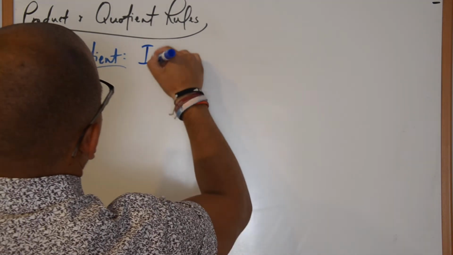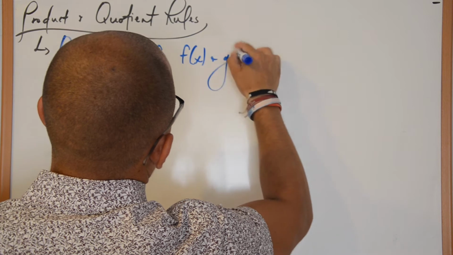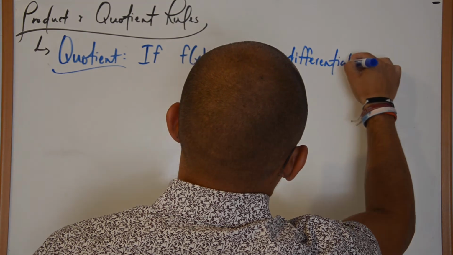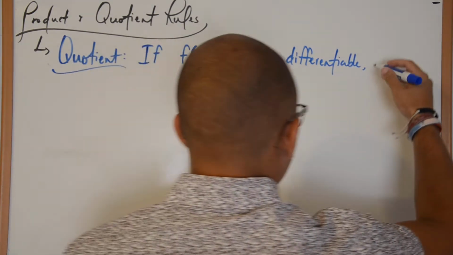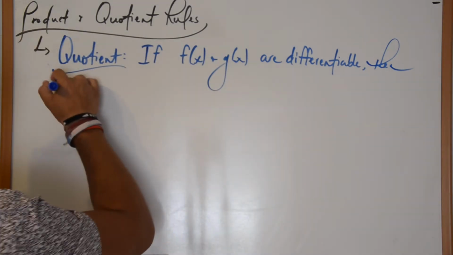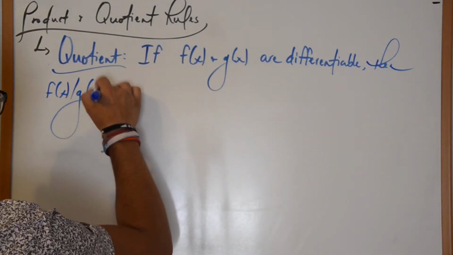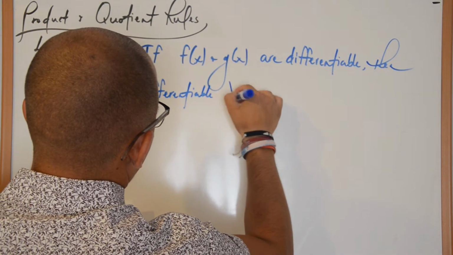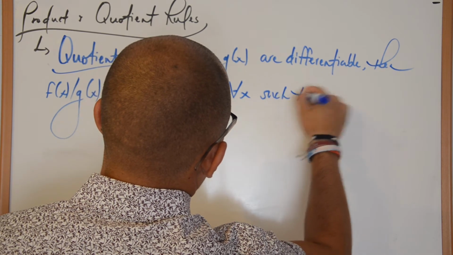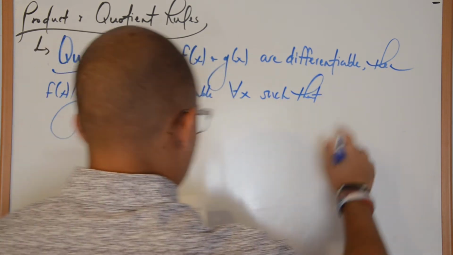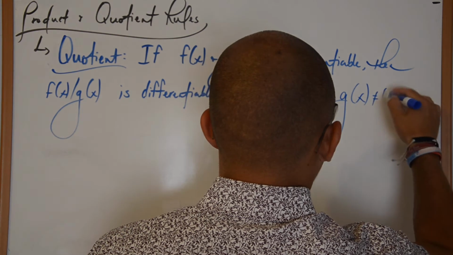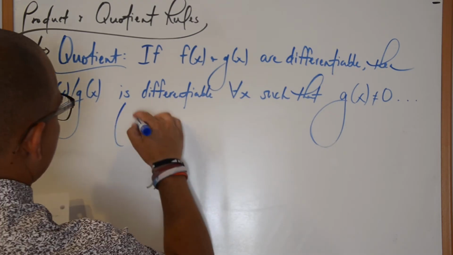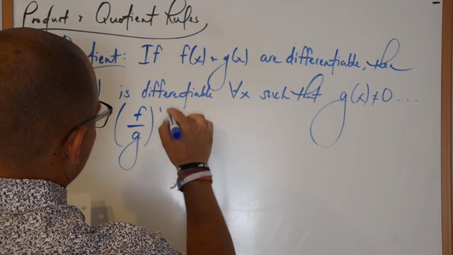So let's say if f of x and g of x are differentiable, then their quotient is differentiable for all x such that g of x is not equal to 0, right? And this derivative is a little bit more complex.